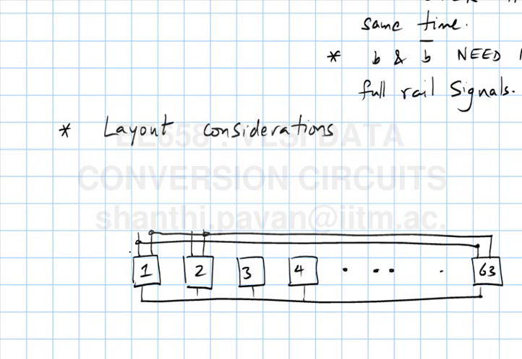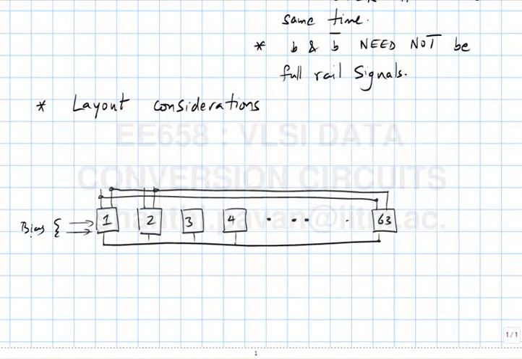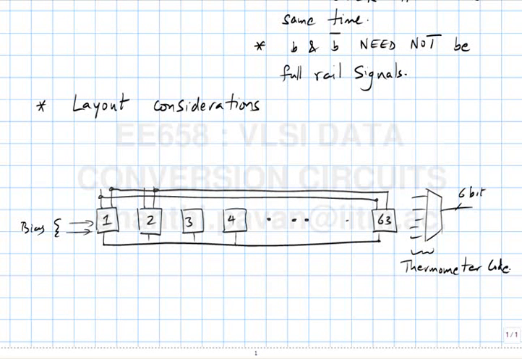Then you propagate all the bias lines like this, for example, and perhaps you take the input digital code, the 6 bits, right, and then generate the thermometer code.